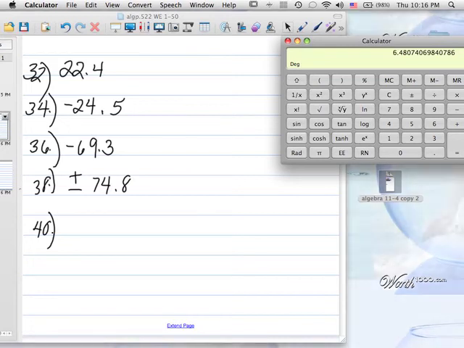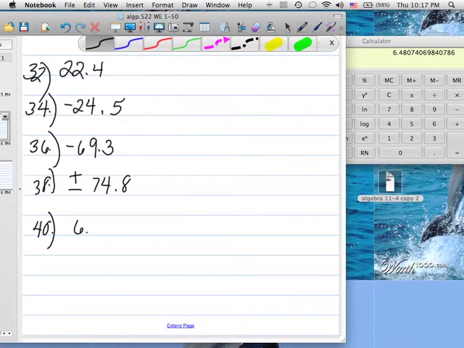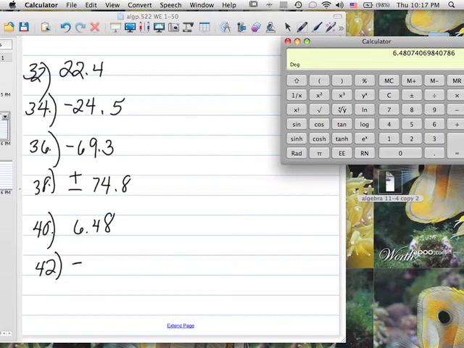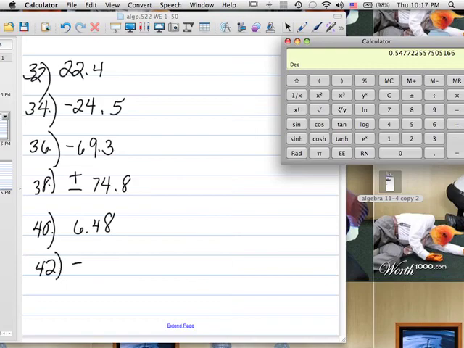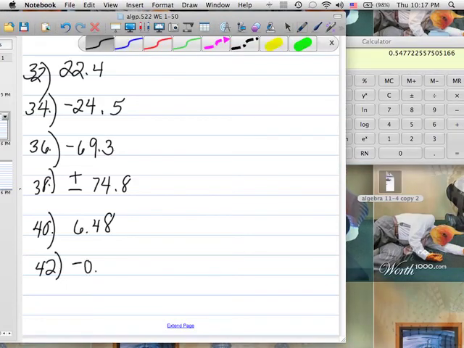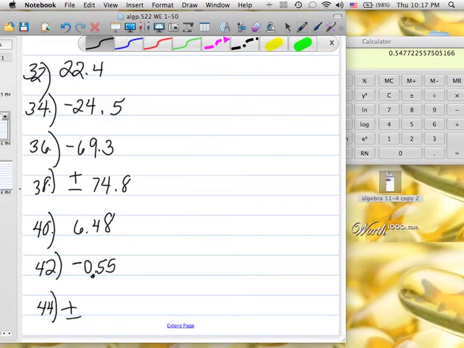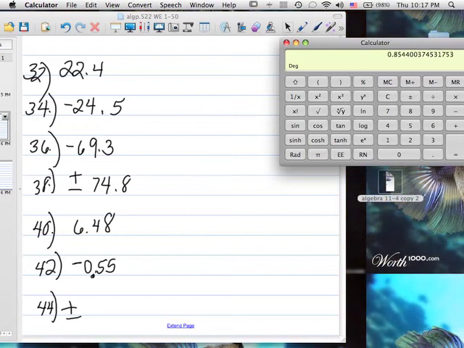The next set, we're rounding to the nearest hundredths. So 40 to the nearest hundredths would be 6.48. Number 42 is negative square root of 0.3. To the nearest hundredths would be 0.55. So negative 0.55. 44, positive negative square root of 0.73.